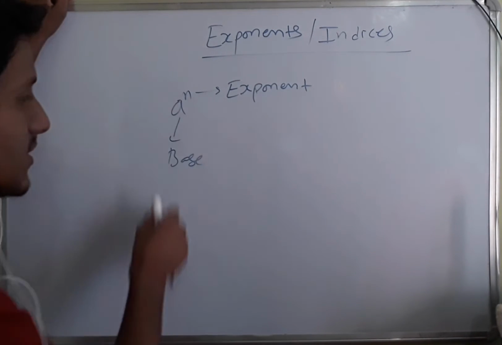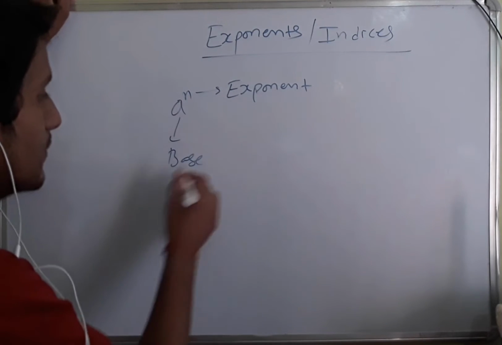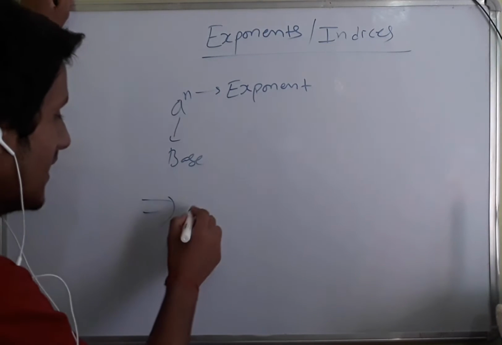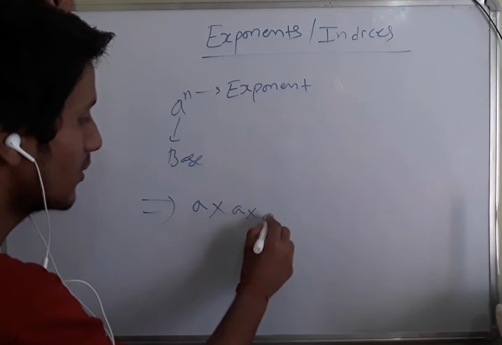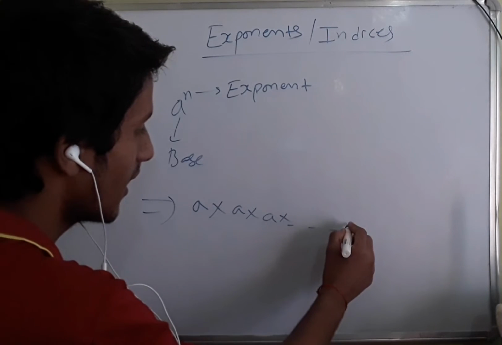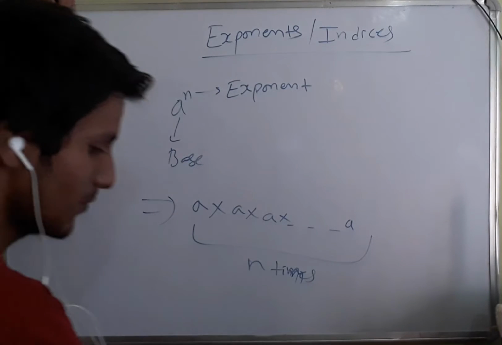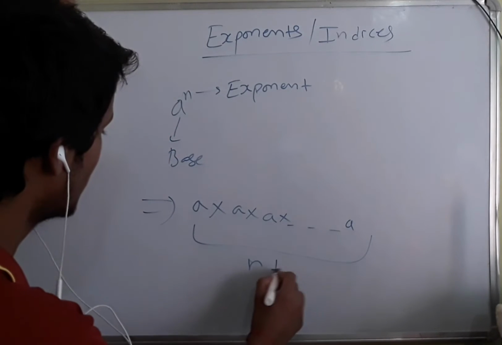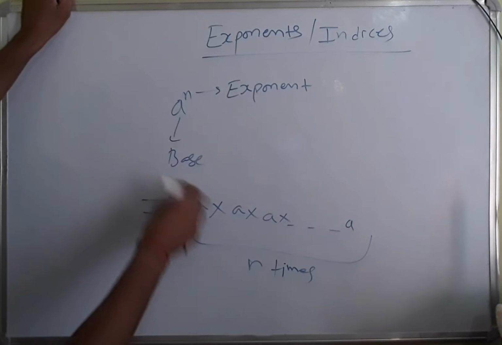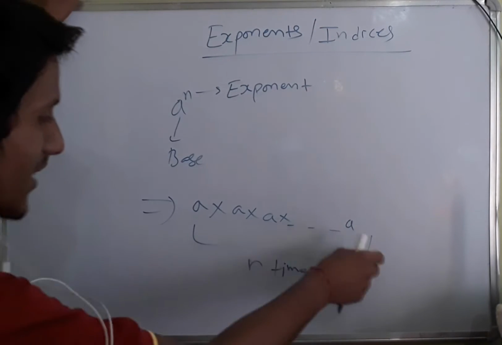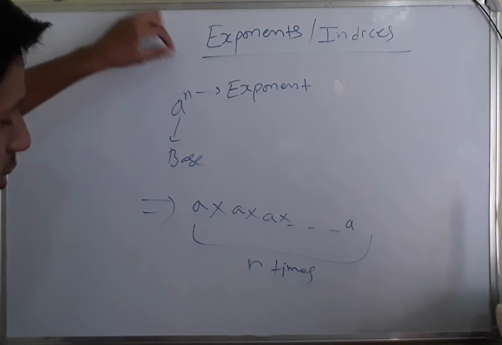This exactly means that a is multiplied to itself n times. a to the power of n means a is multiplied to itself n times.